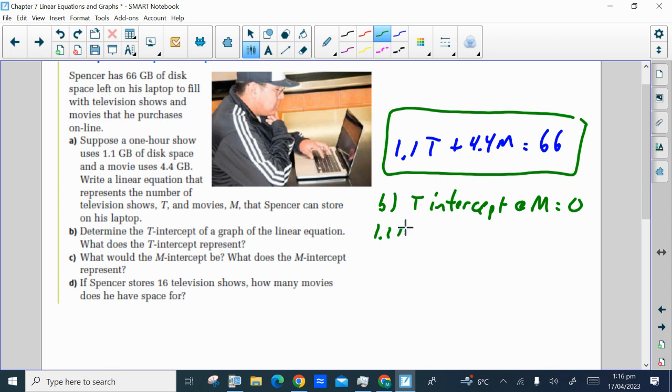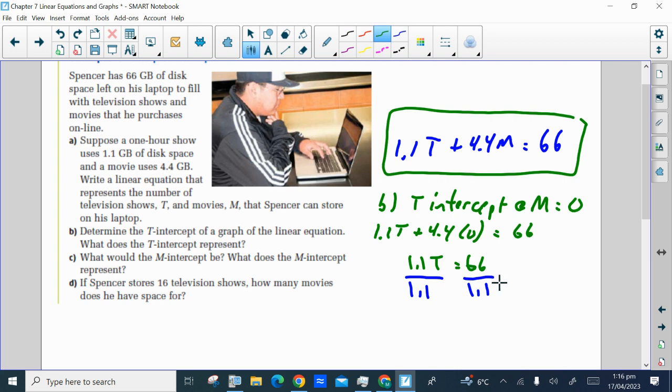So as we've seen, the term that has m in it is going to become 0, because when you multiply 4.4 times 0, you'll get 0. And 1.1t plus 0 is just 1.1t. So 1.1t equals 66. To get t by itself, we would divide both sides by 1.1.